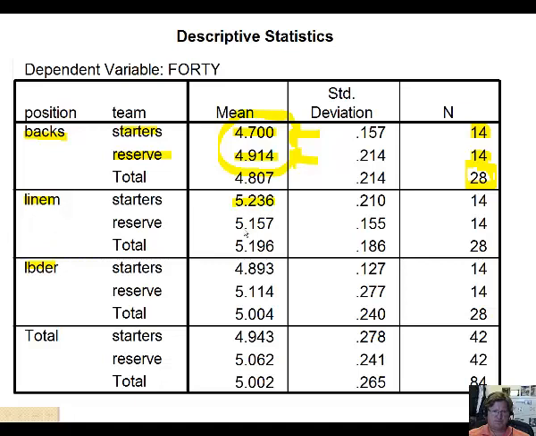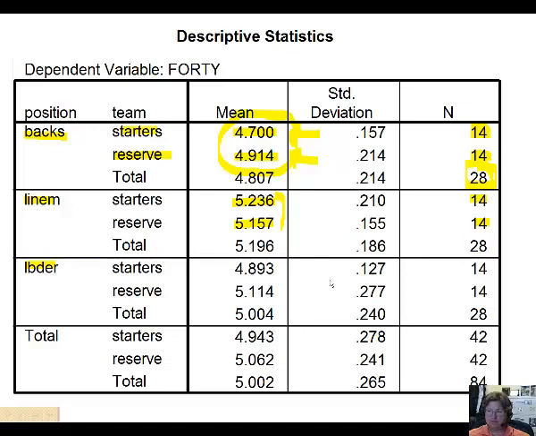Okay. Interestingly though, for the 14 in these two groups, the reserves were faster than the starters for the linemen. Maybe that's because the starters were bigger, heavier.